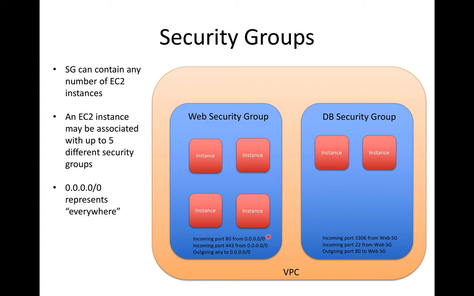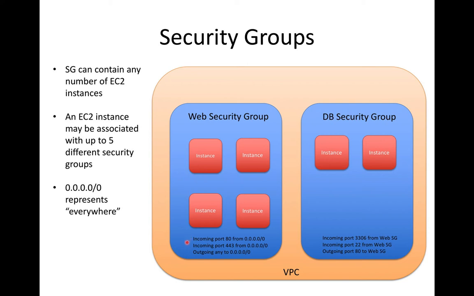It represents everywhere. So this first rule is saying that the security group will allow incoming network traffic on port 80 from everywhere in the world. Port 80 again is HTTP traffic.